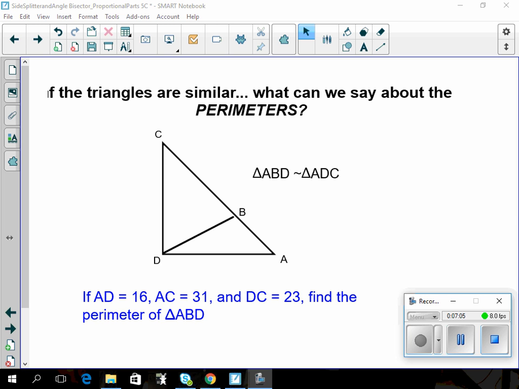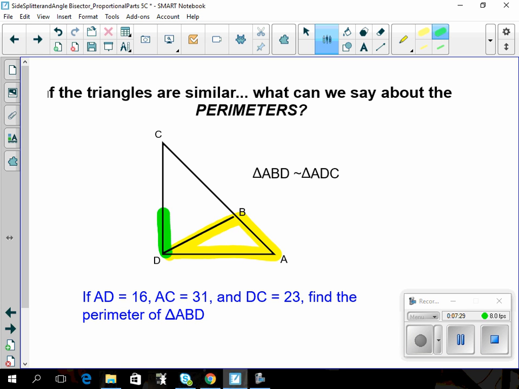Notice I have a similarity statement. That is really important. If you are a color person like I am, I'm going to draw one triangle in one color and another triangle in another color. I'll do the small one in yellow, and the big one in green.